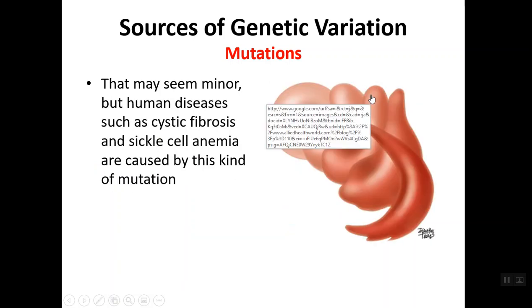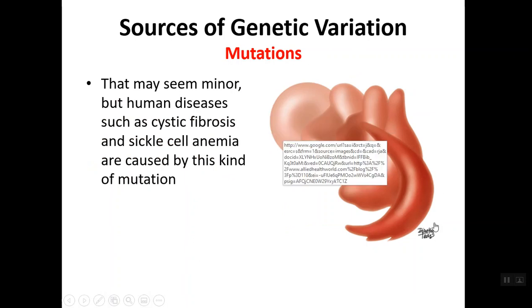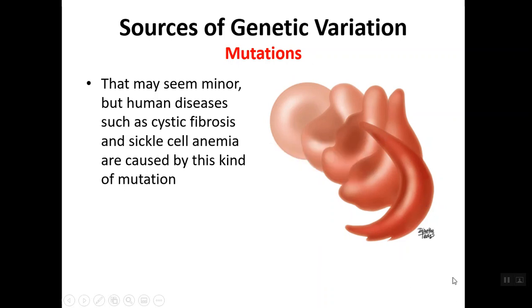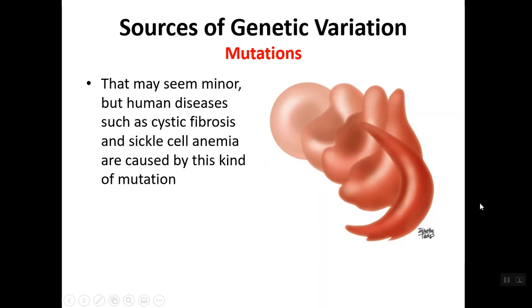And we talked this semester about one particular type of anemia, if you remember, sickle cell anemia, that changes the shape of a red blood cell from round, kind of like a disc, to a half moon. And this sickle cell anemia is determined by a very small mutation. There is only one change in one letter of the gene that codes for hemoglobin.